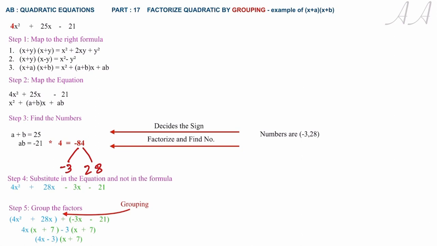So why don't we just combine 4x and negative 3 and group them? And why don't we just combine x plus 7 and x plus 7? Well, that's exactly what we're going to do. So our answer, which is the product of 2 binomials, is 4x minus 3 times x plus 7.